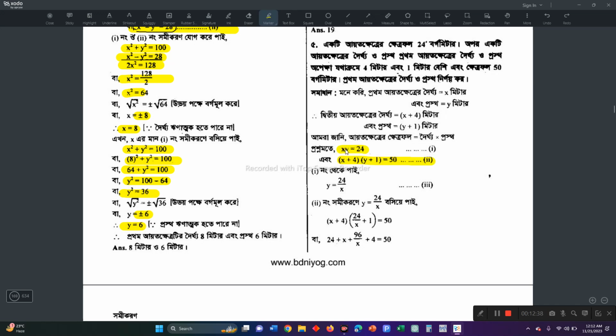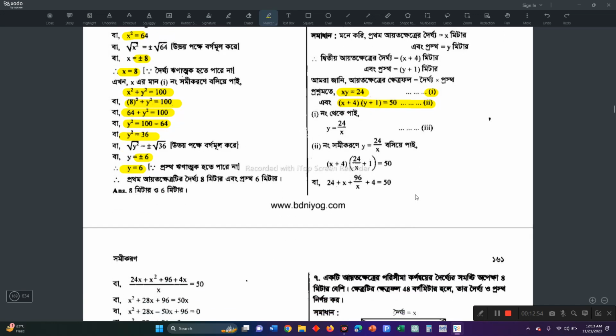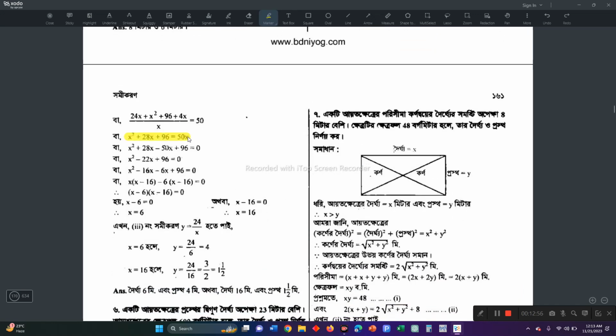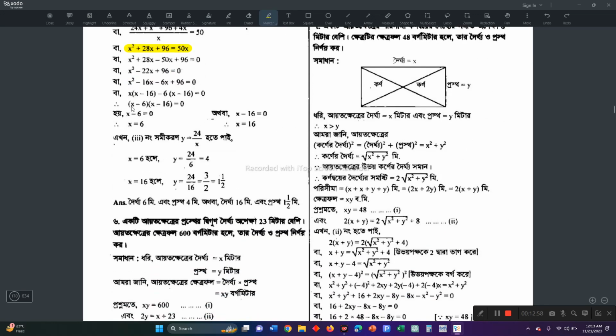We can get the value for y from equation number 1, but I need to make a note of one thing: when there is a term xy, then further we will get a quadratic equation. That means we will get two values for x.